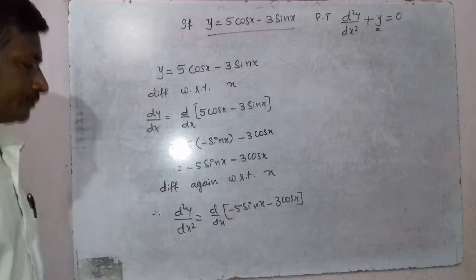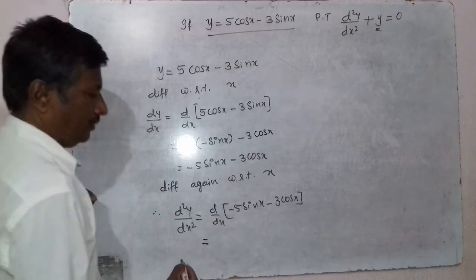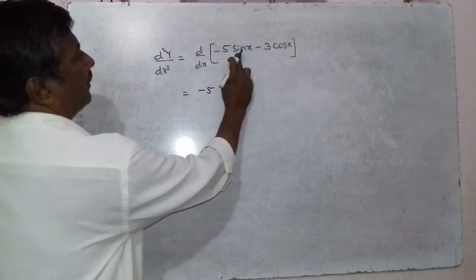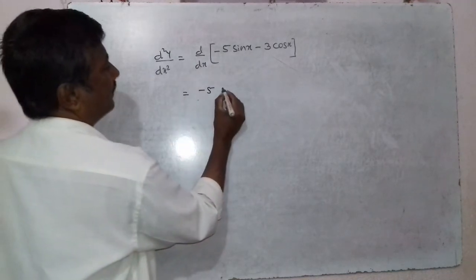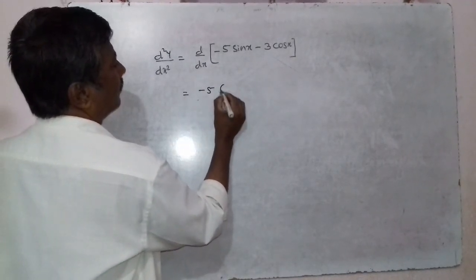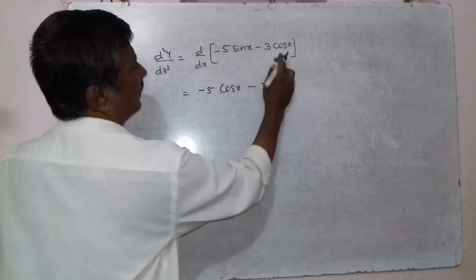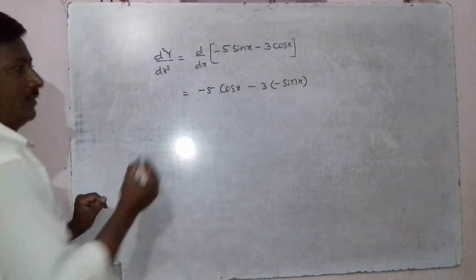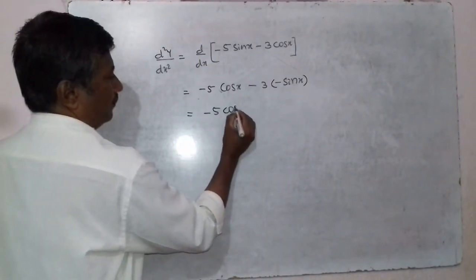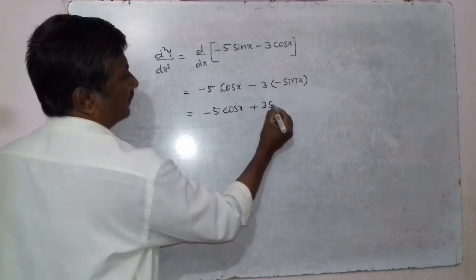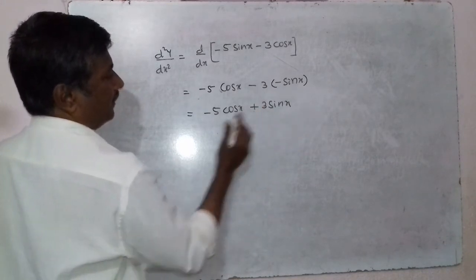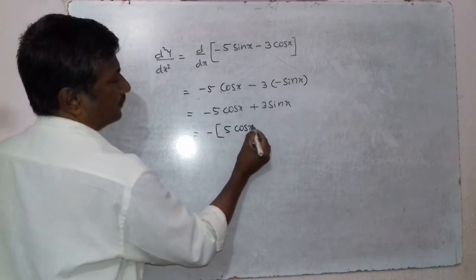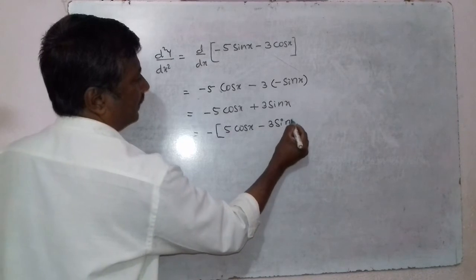So this equals minus 5 times the derivative of sin, which is cos x, minus 3 times the derivative of cos, which is minus sin x. That gives minus 5 cos x plus 3 sin x. Take the minus sign common: minus of (5 cos x minus 3 sin x).